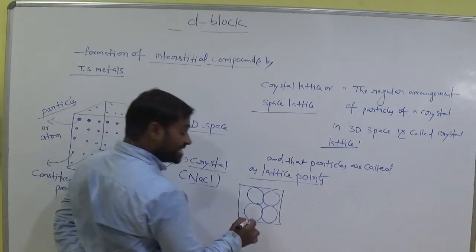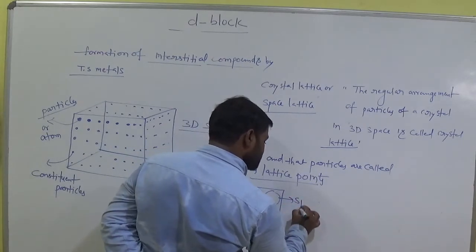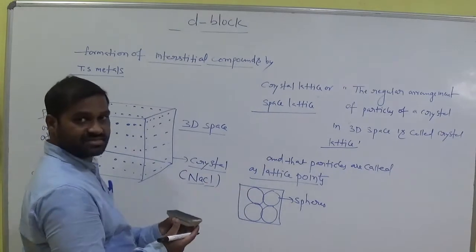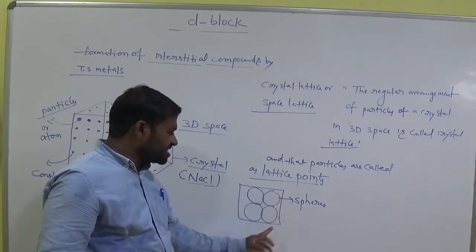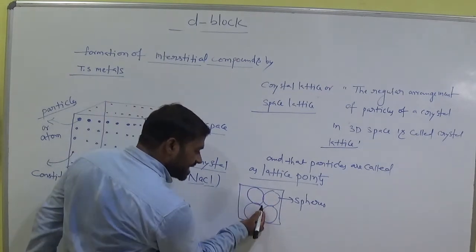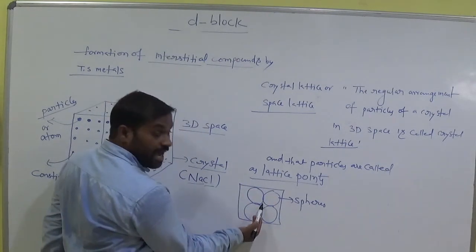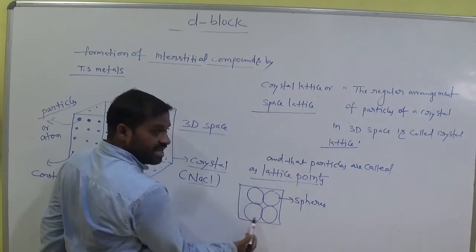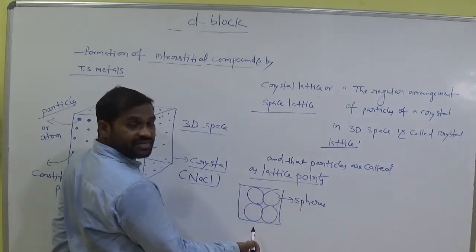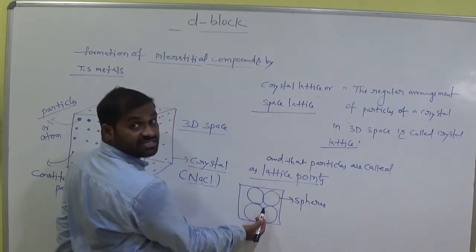These particles are like spheres, so the arrangement is like this. In between the spheres there is a gap. In between the arrangement of these spheres or particles, some space is left.